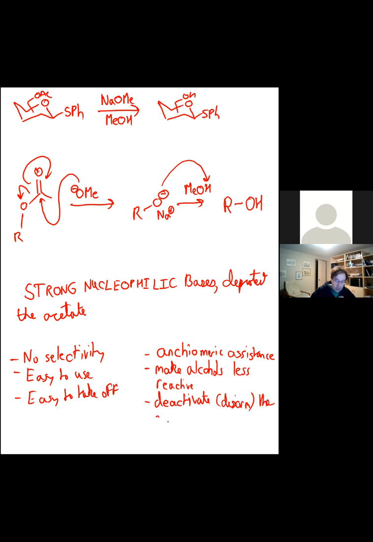So it's less likely to make an oxocarbenium. So that's relevant. If you want to make one that's more likely to make an oxocarbenium, you want an electron-rich ring. Acetates pull electron density out of the ring. So that both makes any alcohol that's free on a ring less nucleophilic because it has less electron density. And it makes it harder to make an oxocarbenium because in an oxocarbenium, you're making a plus charge on the ring. And you want to be able to donate electrons into that. And if you have acetates on your molecule, they're pulling electrons out, and that makes it harder to donate electrons because they're pulling. So acetates kind of make your molecule less reactive.